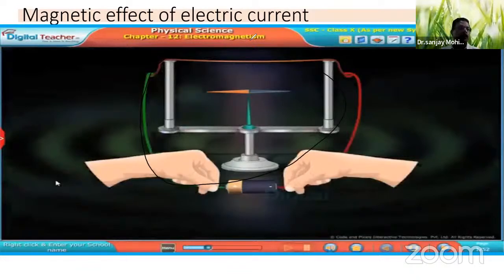In this electric circuit, suppose a battery is connected. You can see there are two terminals: this is the positive terminal of the battery and the negative terminal of the battery. And it is connected to the wire.